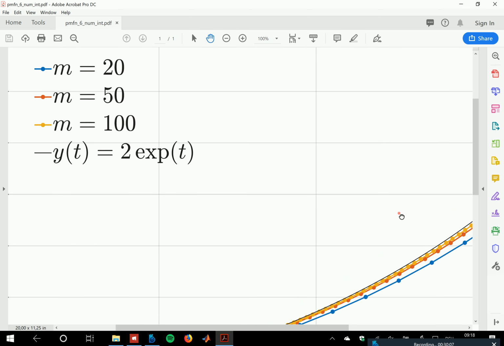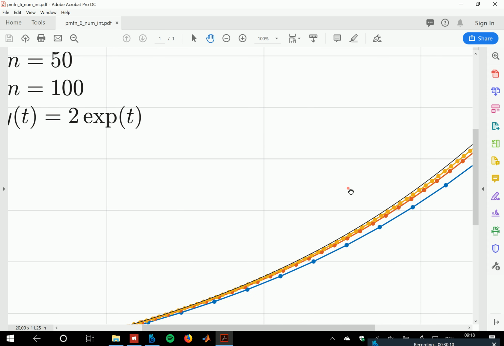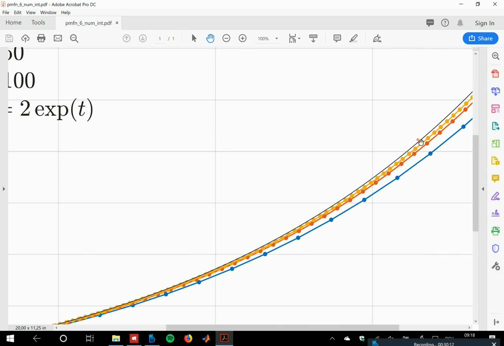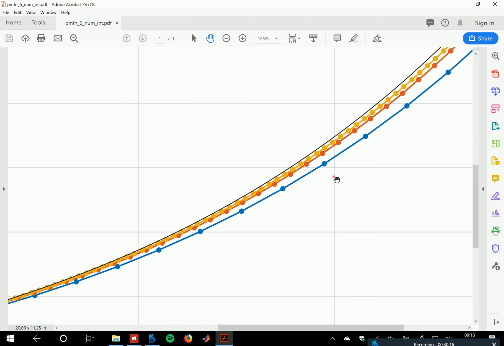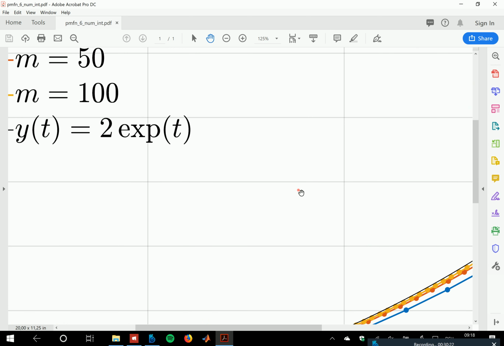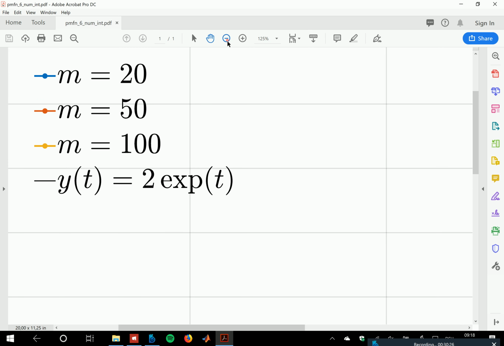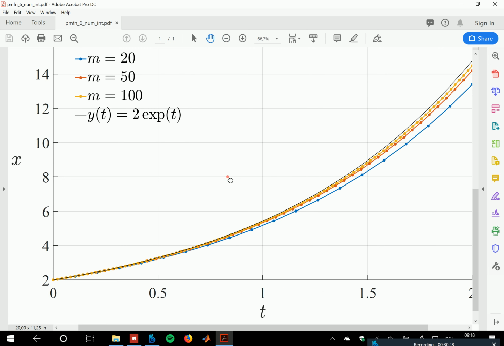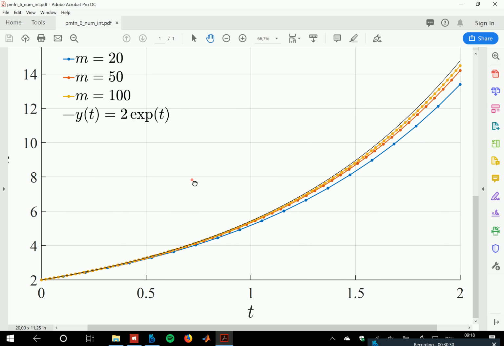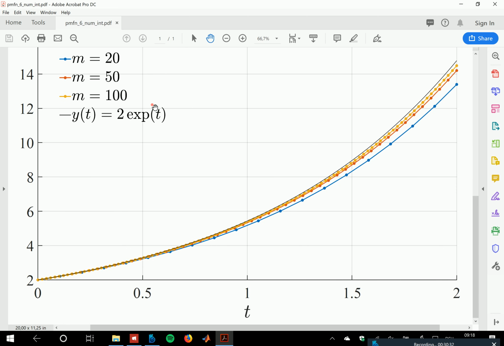It's in black, and it's the one without the dots. So let's make this bigger. There are four curves, and one has no dots in it. That's the actual function. I evaluated this here on the interval 0 to 2 and used varying numbers of support points m.